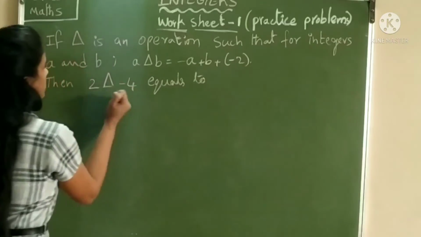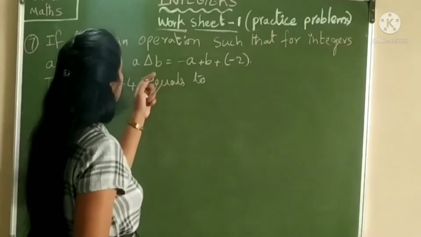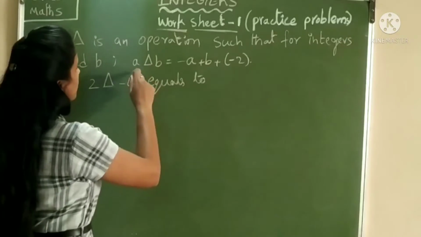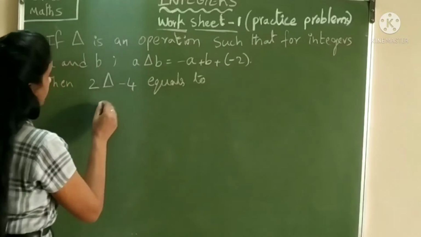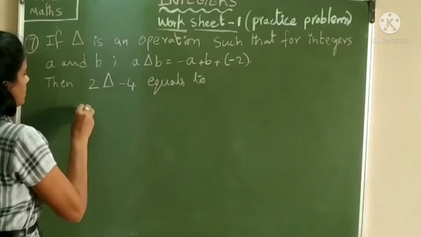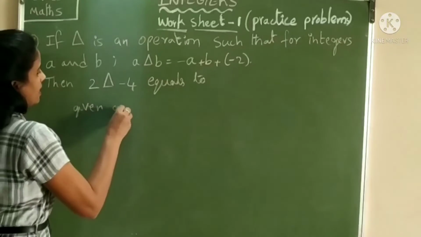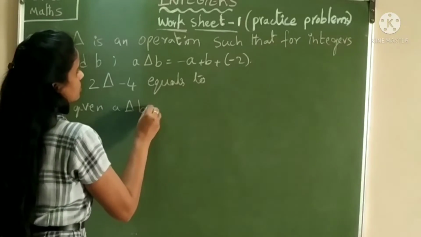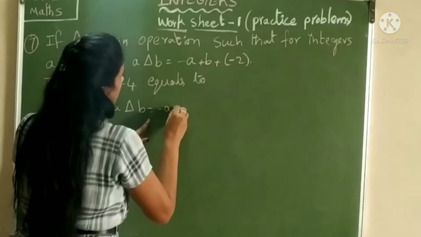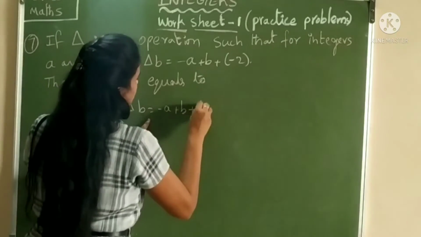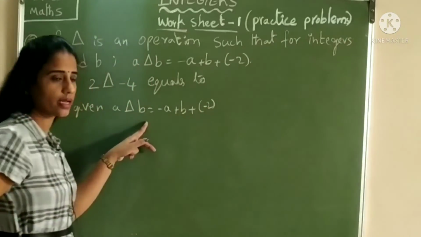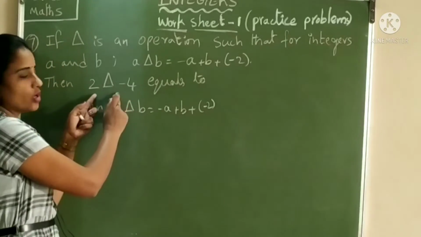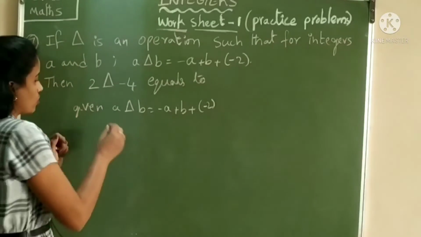Given here, a delta b is equal to minus a plus b plus minus 2. What is the value of 2 delta minus 4?